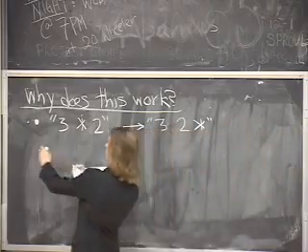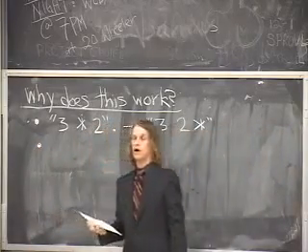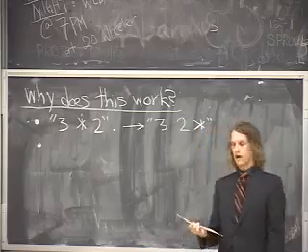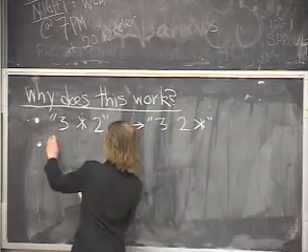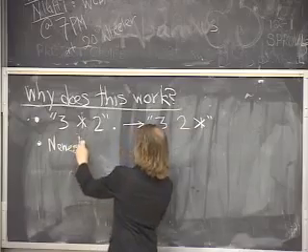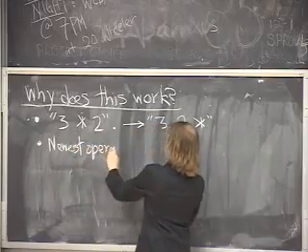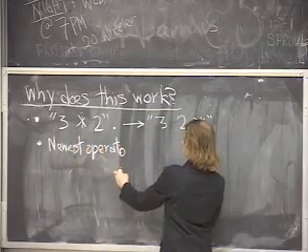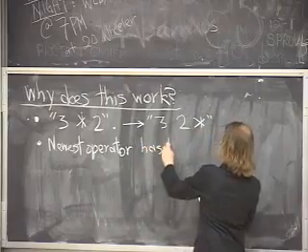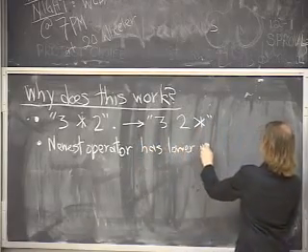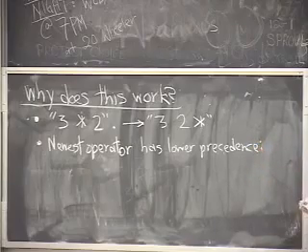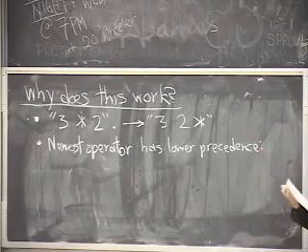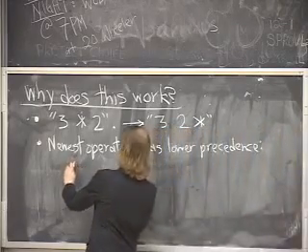What about a case where we have more than one operator, and when the second one comes along, the newest operator has lower precedence? Well, in that case, maybe it looks something like 3 times 2 plus.